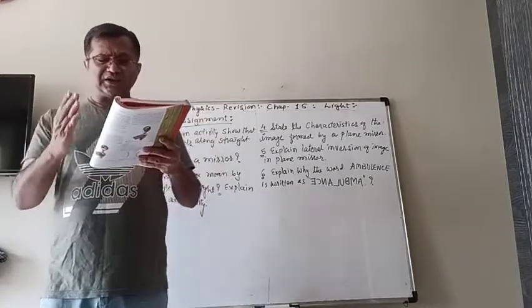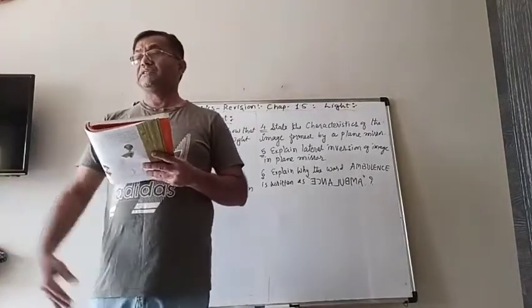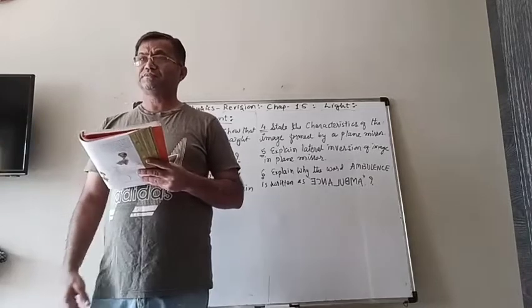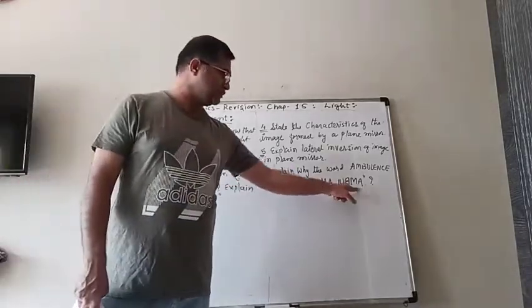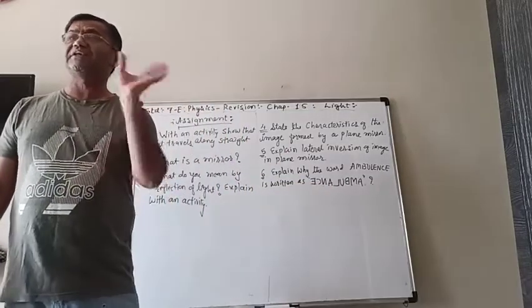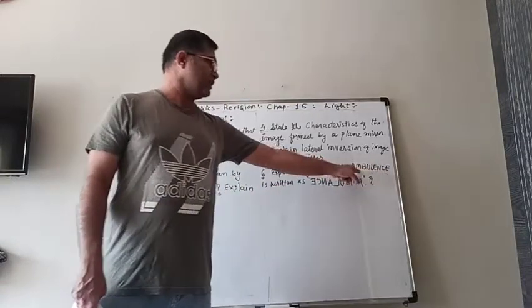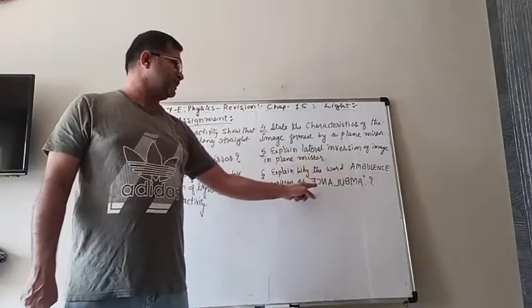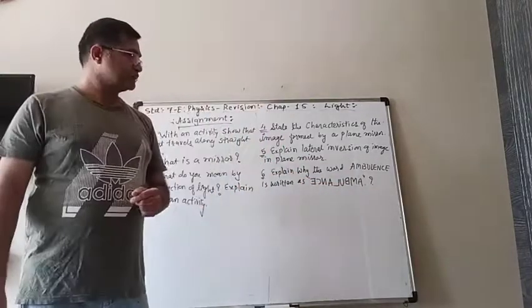So now what happens? When the driver of a vehicle ahead of the ambulance looks in the rear view mirror, he can see the word ambulance written on it, but due to lateral inversion he will read it reversed. But if it is written normally on the ambulance, he would not be able to read it properly.